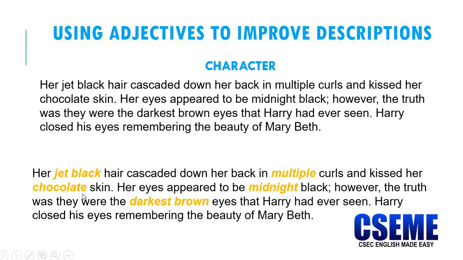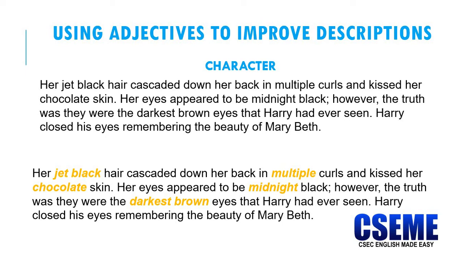And then it goes on to say chocolate skin. When you think of the word chocolate, you think of something very lovely, very beautiful. In my mind, I'm thinking of something dark, and I was about to say delicious because somebody is going to say that.